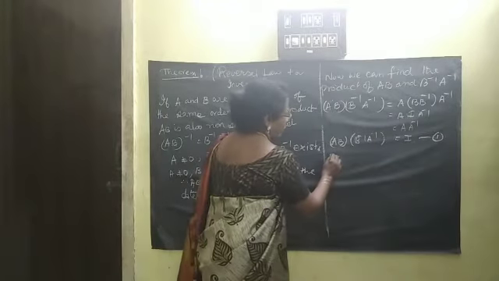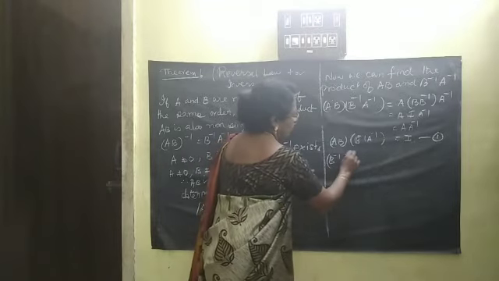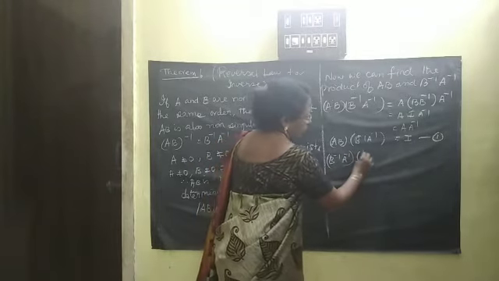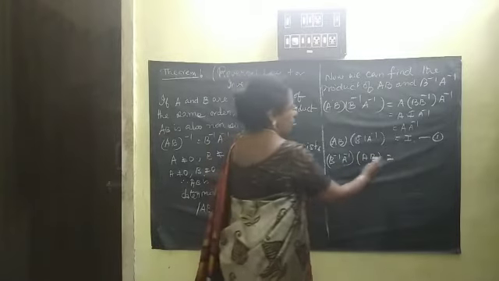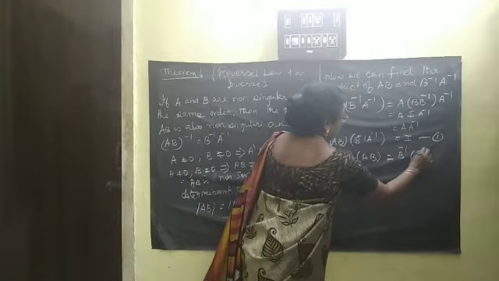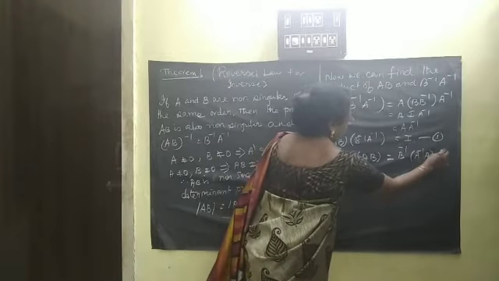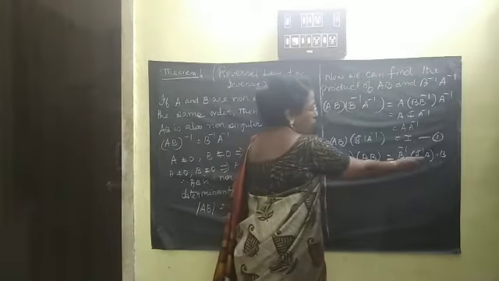Similarly, B inverse A inverse into AB is equal to B inverse into A inverse A into B. We are using the associative property.